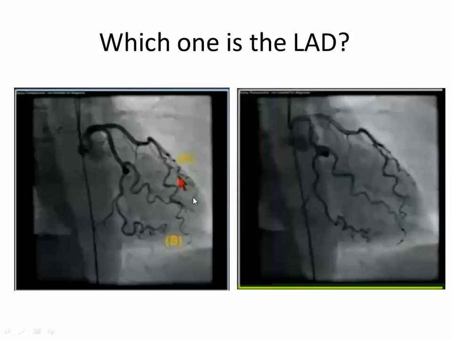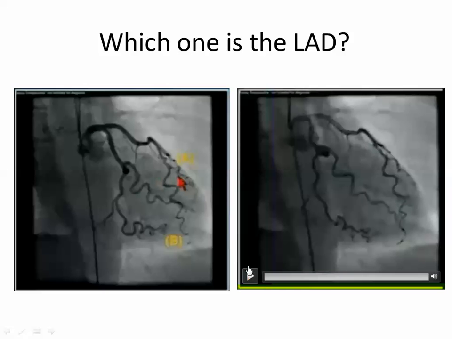What will supply the anterior wall? Diagonals. So the LAD gives diagonals to supply the anterior wall and septal perforators to supply the septum. In some cases the diagonals are the same size or larger than the LAD itself, especially if the LAD is occluded. So this is the diagonals and this is the LAD.